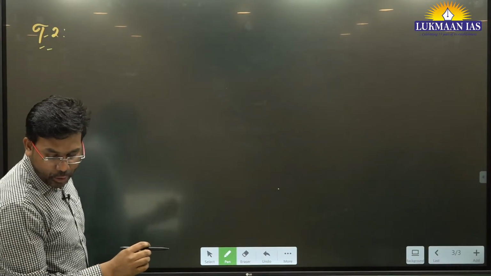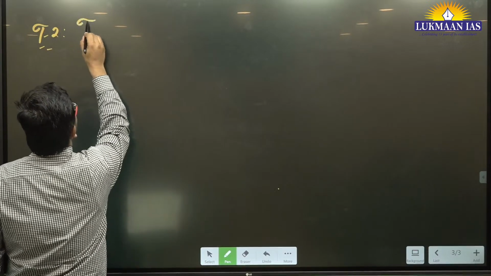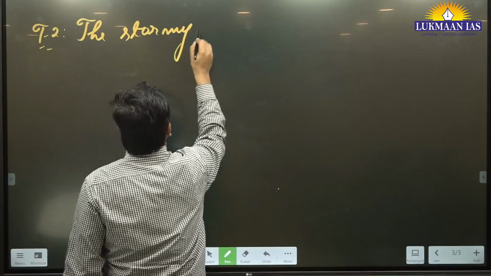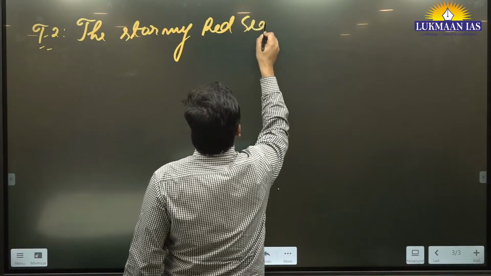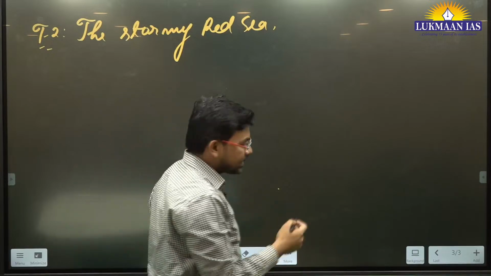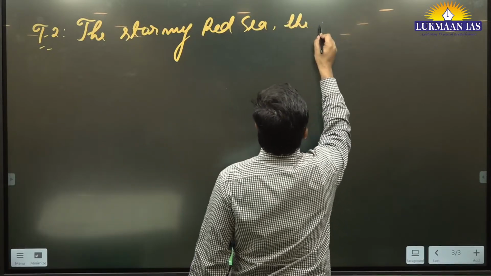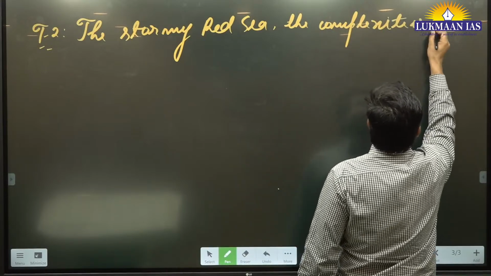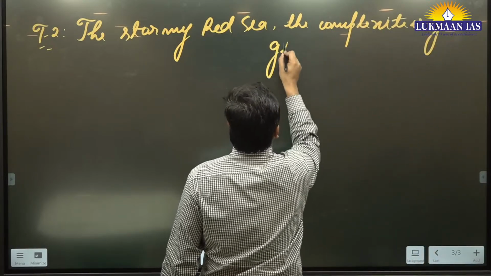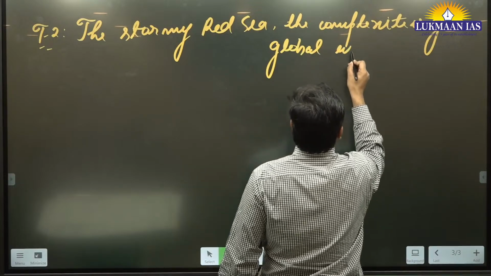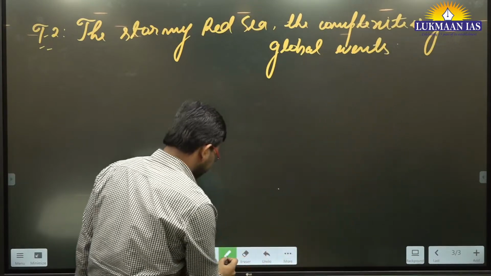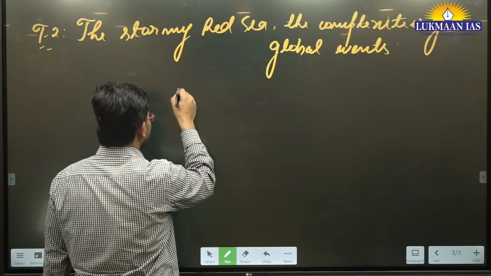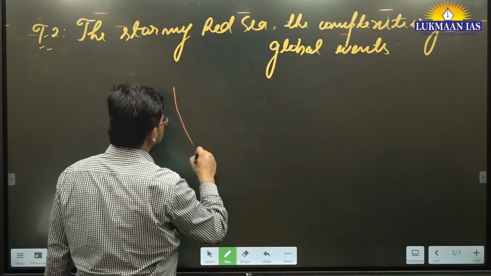The stormy Red Sea, the complexities of global events. Let us quickly draw an outline map of the Red Sea.